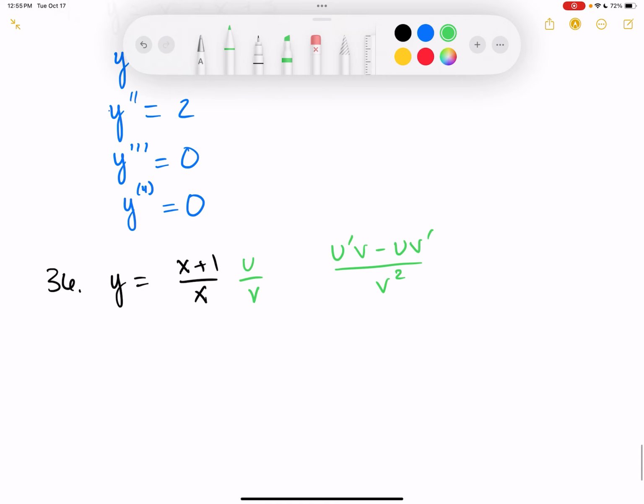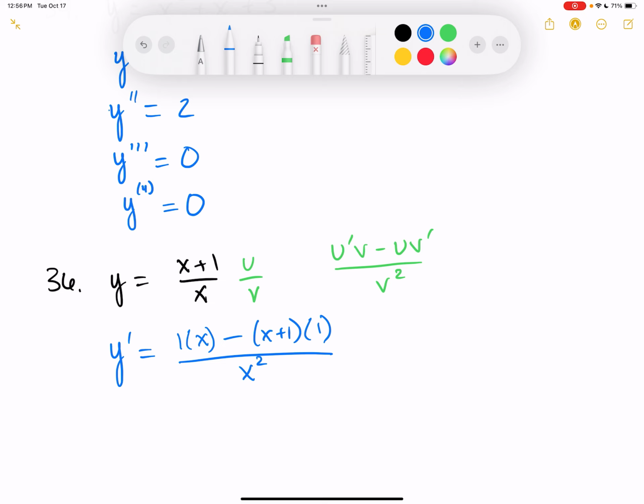All right, so the first derivative of the top, 1 times x minus, and under ordinary circumstances I would not write the 1, but I just want you to be able to look back and make sure you know what we did. Minus the first one, so x plus 1, and the derivative of the bottom over the bottom squared, so that's x squared.